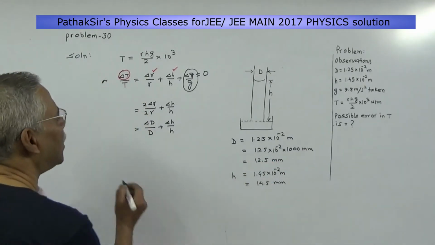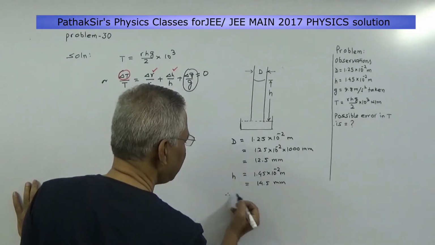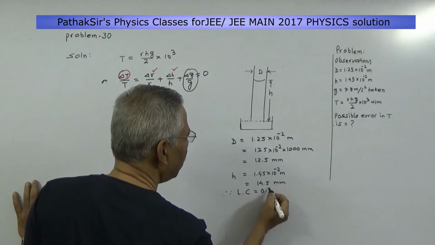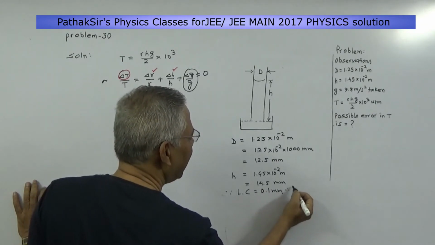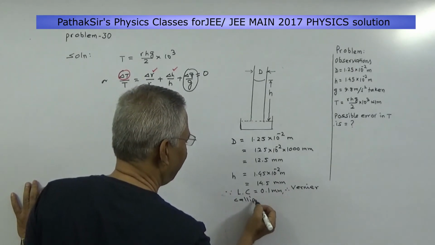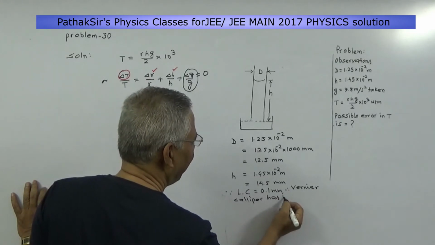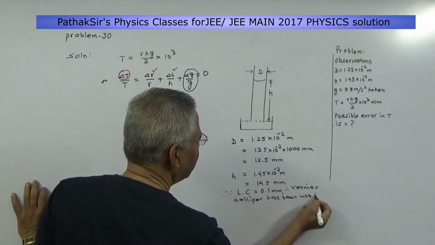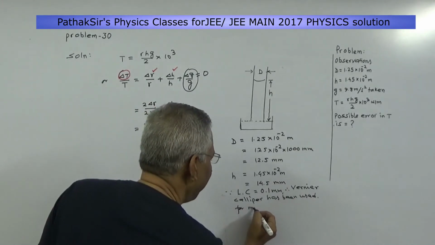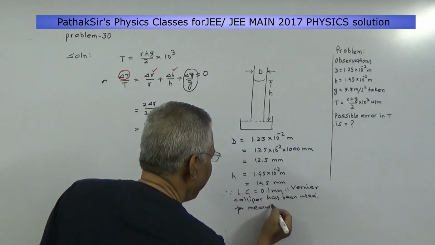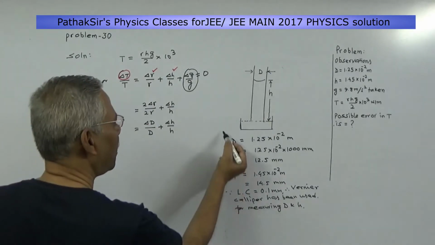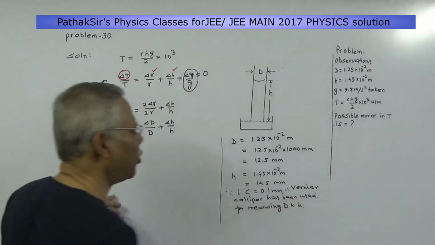The conclusion is, since least count equals 0.1 millimeter, a vernier caliper has been used for measuring D and h, whose least count is 0.1 millimeter.